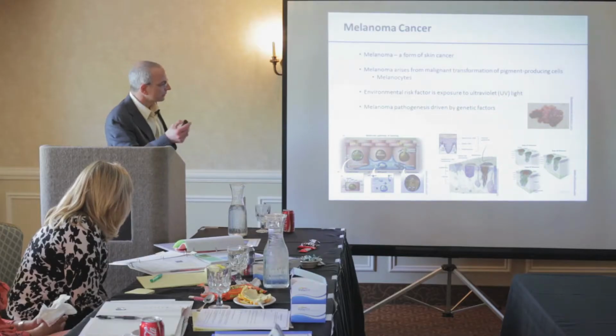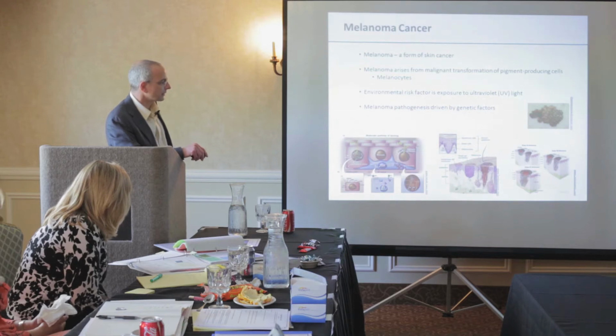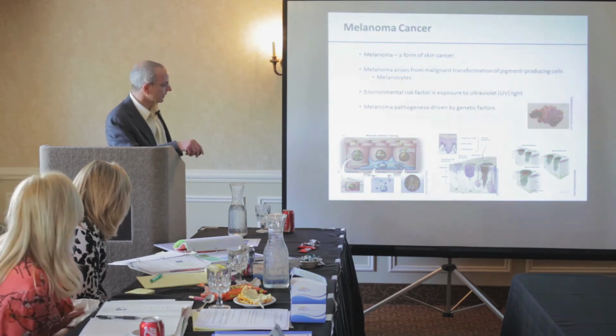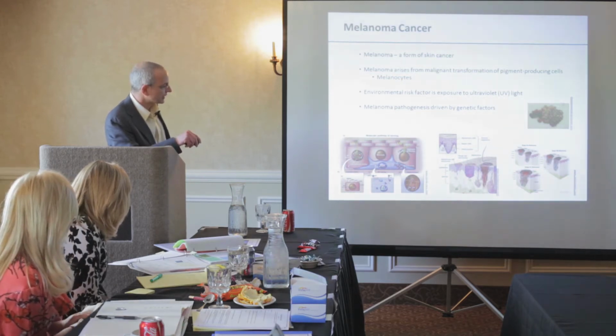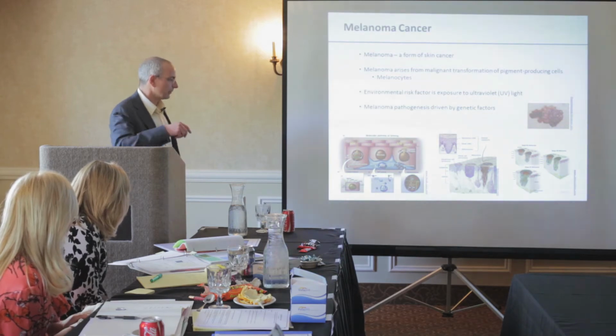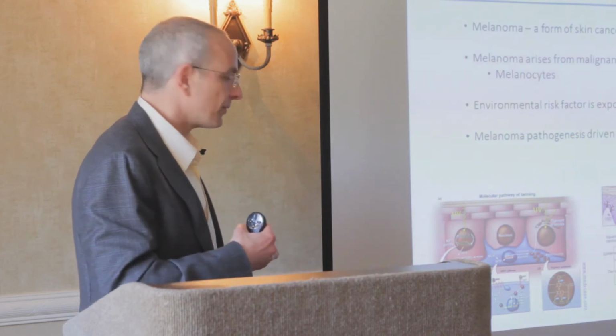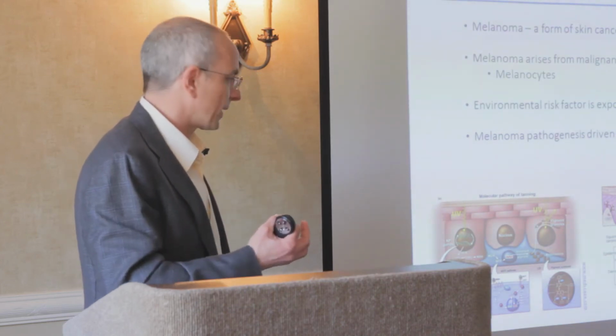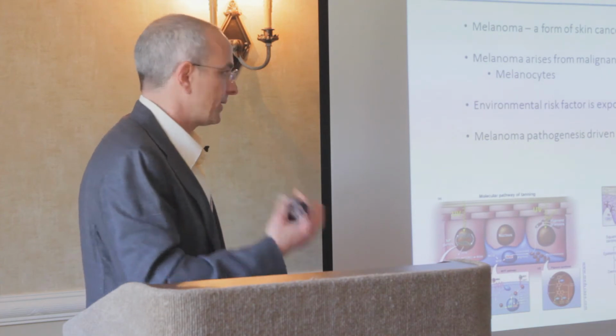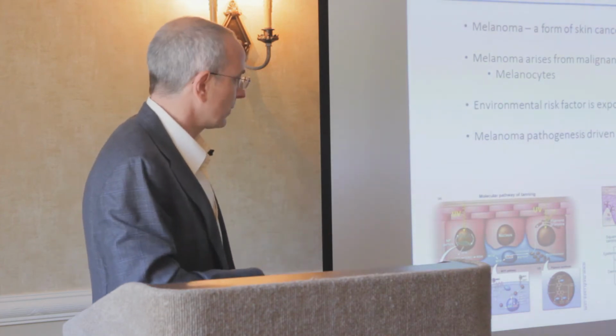So the cautionary note here is to be careful of the sun out there, because this is what's going on when the DNA is shattered by the UV light, and the repair mechanisms within your cells are unable to repair it, and they miss something, and then that cell becomes a dangerous cell that could turn out to create a melanoma.